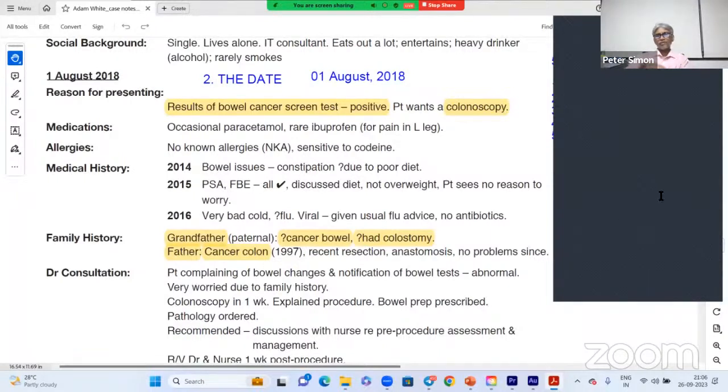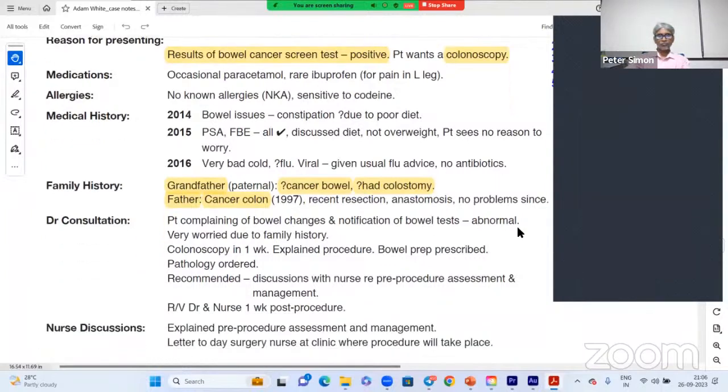Then habits of consuming excessive alcohol. Habits of consuming excessive alcohol regularly and smoking rarely have been reported. Fine. Put a full stop at the end. So, explain pre-procedure assessment and management.